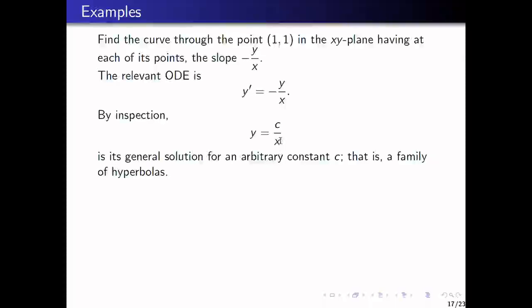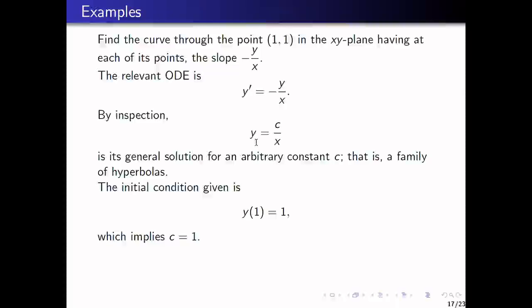And this is a general solution of this given differential equation with arbitrary constant c. So y is equal to c by x describes a family of hyperbolas depending on the constant c. Now when you apply the initial condition to it, namely y of 1 is equal to 1, what do you get?